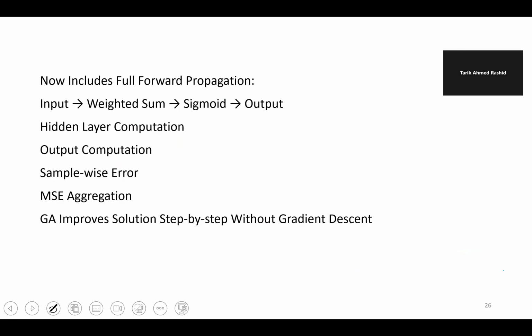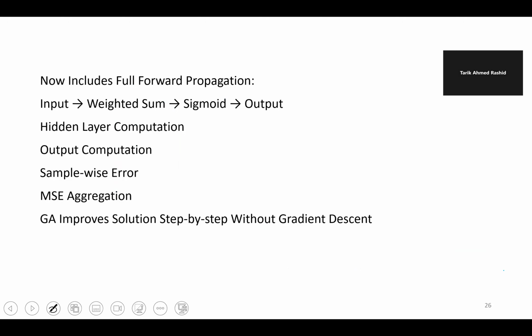That's more or less how we train an evolutionary neural network: a simple neural network structure trained with a genetic algorithm. Inputs are fed into the network, sigmoid function and output, then hidden layer computation, output layer computation, mean square error.